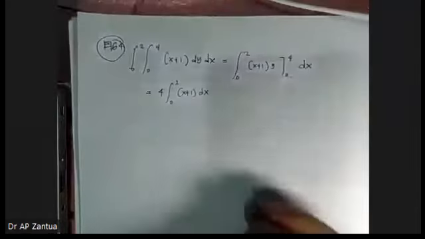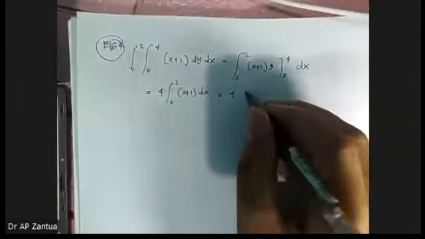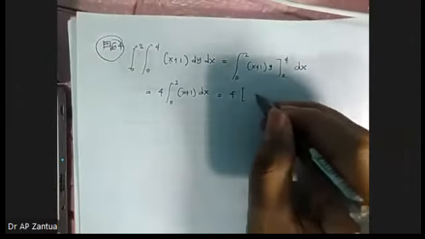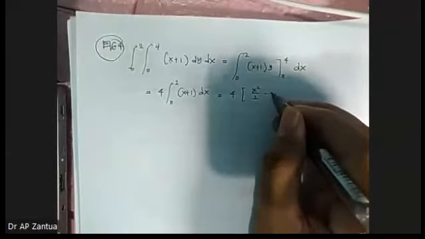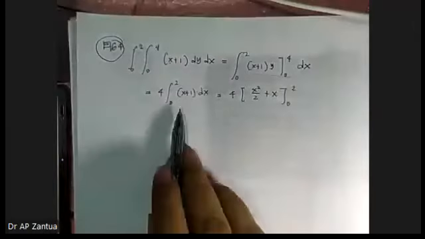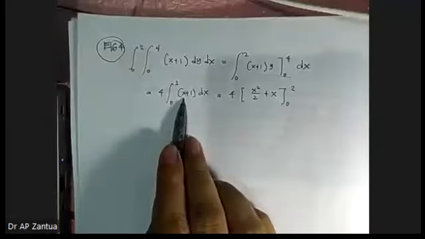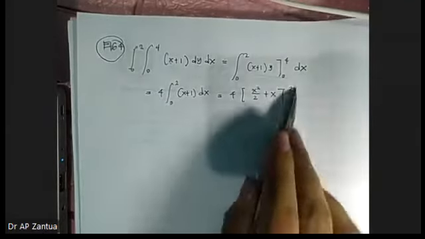Okay? And therefore, we can integrate that one by one. Integral of x squared over 2. Integral of 1, x from 0 to 2.